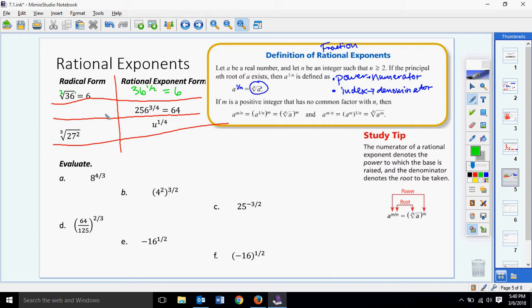So I'm taking the 4th root of 256, and 3, since it's my numerator, it's the power. So I'm taking that to the 3rd power. That would also equal 64 if I simplified it.